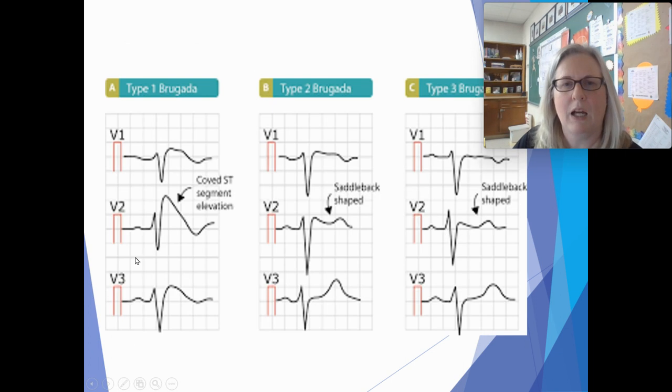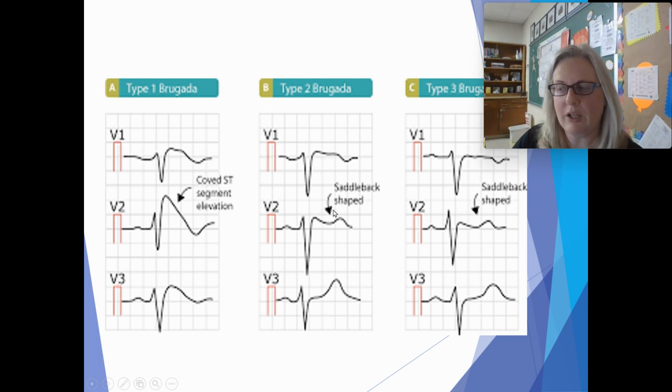Okay. All right, so type 1 Brugada is where you see this elevation and then we have this weird downsloping here. Okay, it looks different than a regular ST elevation. And then type 2 and 3, you're going to start to see the saddlebags here, where it's a little bit elevated and then it sags. So it doesn't go straight across like our other elevation we've looked at, and it sags down.